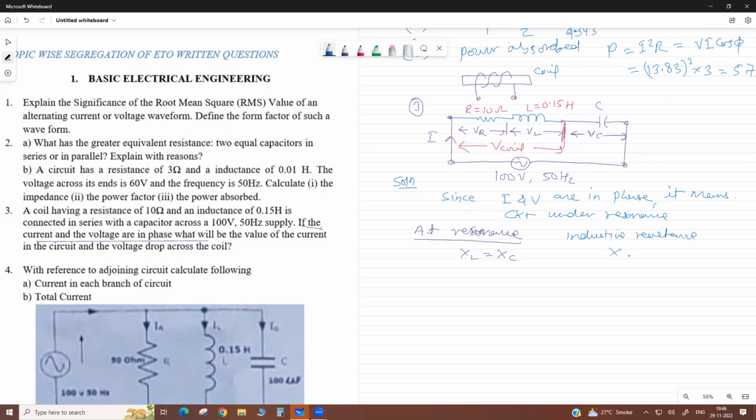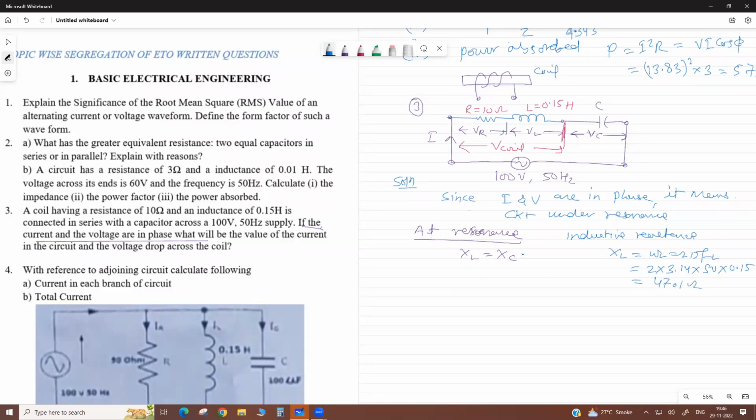Reactance of coil XL equals omega L equals 2 pi f L, or 2 into 3.14 into 50 into L, which is 0.15. What value will come? It comes 47.1 ohm.